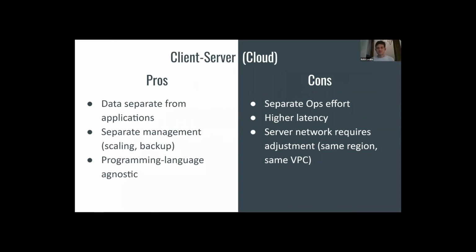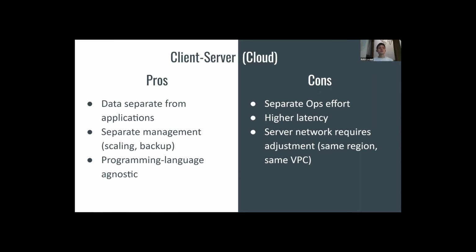From the downsides, we need some ops effort or pay for the cloud solution. Latency is higher. It's not necessarily actually higher, but you need to think about latency. So this is exactly what I explained to you. If you use a cloud solution, do these three things: the same underlying cloud provider, the same region, and the VPC peering.